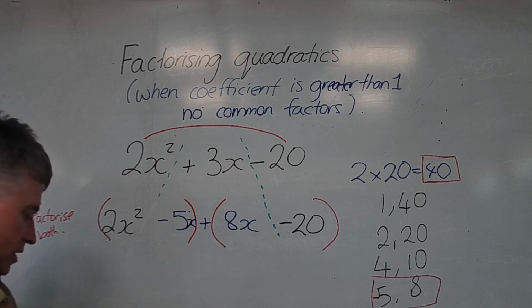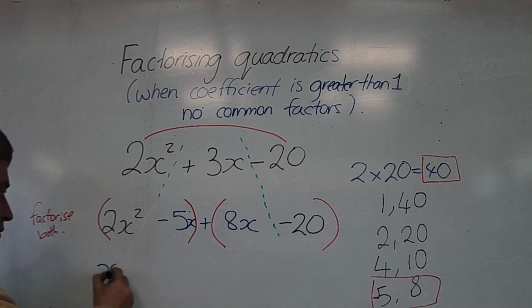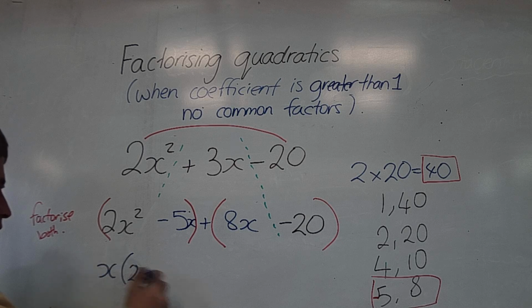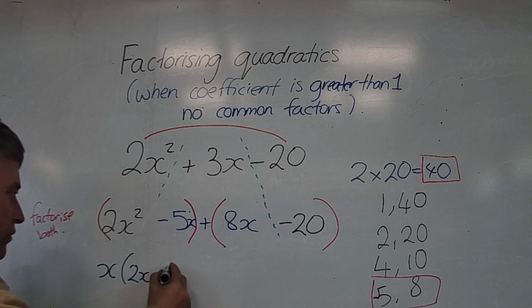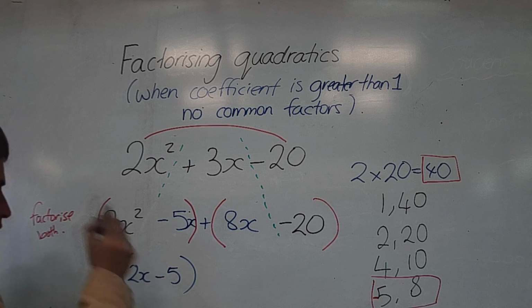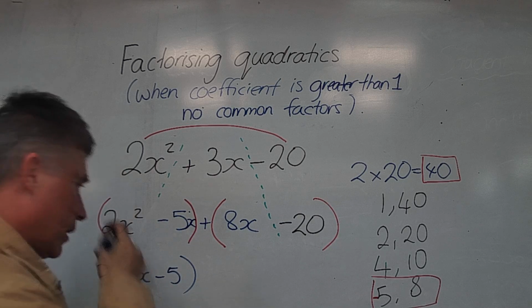That's a big error. Okay, now there is a common factor, 5x and 2x, that means we can put an x on the outside. So x multiplied by that gives us 2x, yep, and then x times minus 5 is minus 5x. So we've factorised that. That's why I was thinking there's no common factor. There should be. Okay, so that's good.